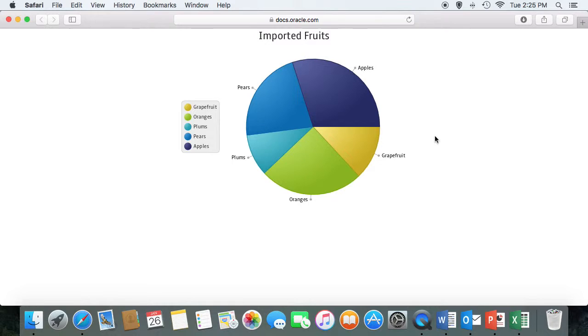So say for instance, if we had plums, oranges and apples as the same, if not similar proportions, it would be very difficult to determine the rank order of the proportions of imported fruits, because you wouldn't be able to identify the difference between those without the actual numbers here. And sometimes those numbers are quite useful. So that's that one there.